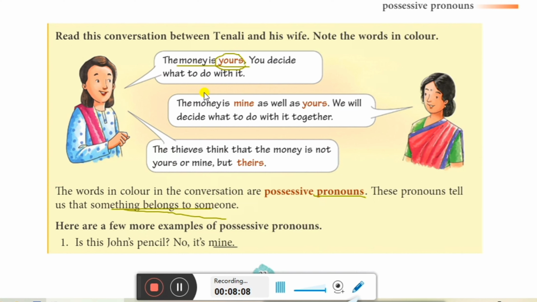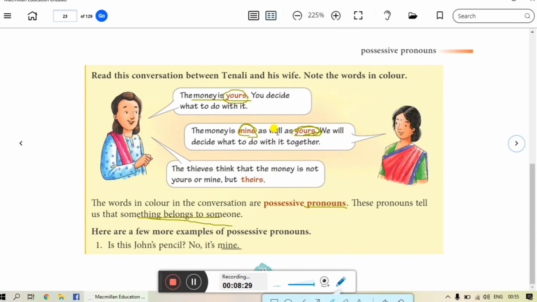In the second one, the wife says the money is mine as well as yours. We'll decide what to do with it. Here mine and yours are possessive pronouns because it means that it belongs to both Tenali and the wife. Mine and yours. So these pronouns are possessive pronouns.